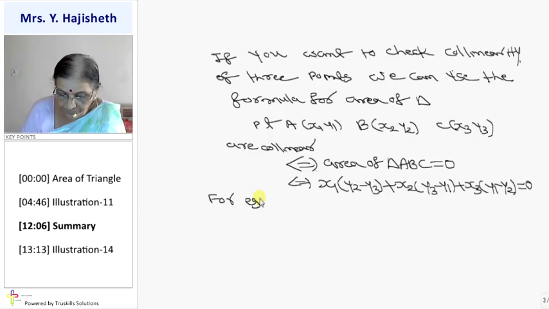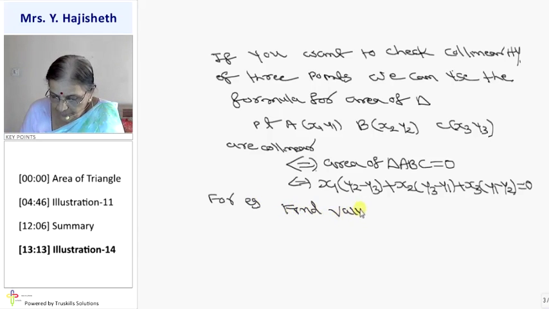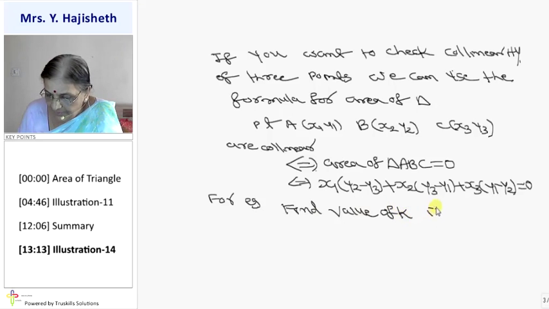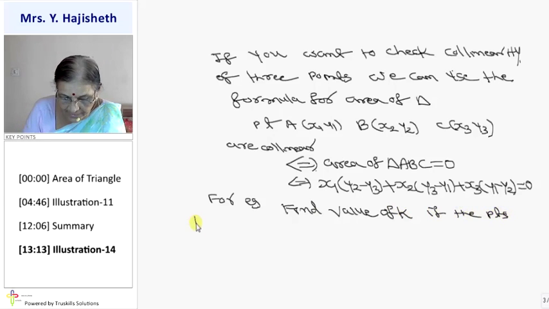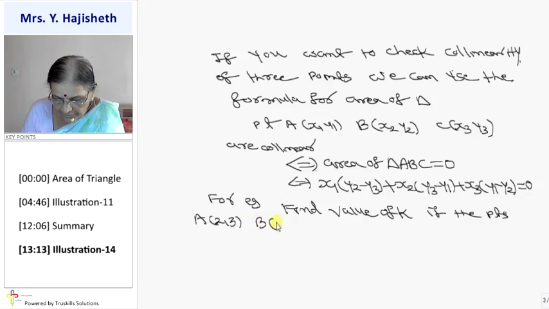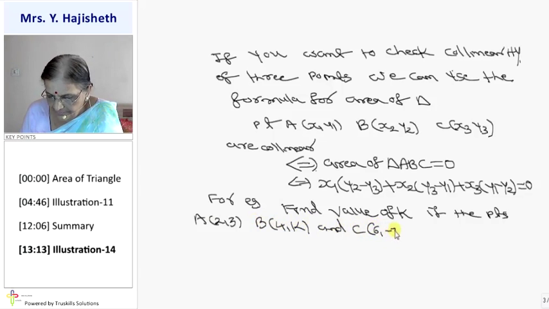Okay. For example, find value of k if the points A (2, 3), B (4, k) and C (6, -3) are collinear.